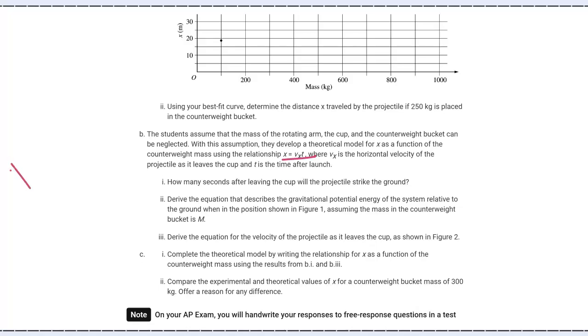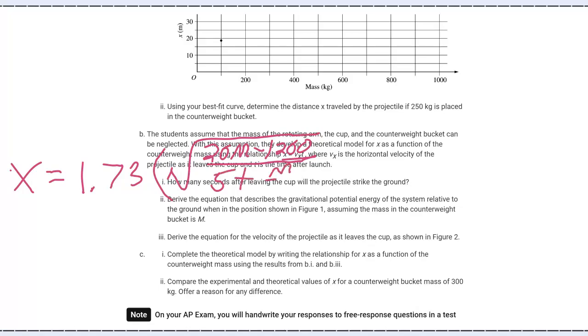So we could find that our x is 1.73 seconds times our formula of v, which is the square root of 20m minus 1200 over 5 plus half of m. Well, that's pretty easy, right?